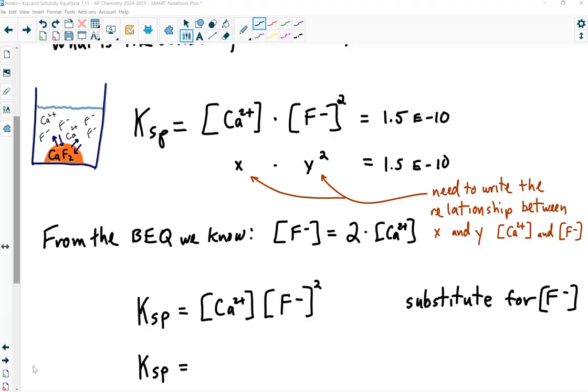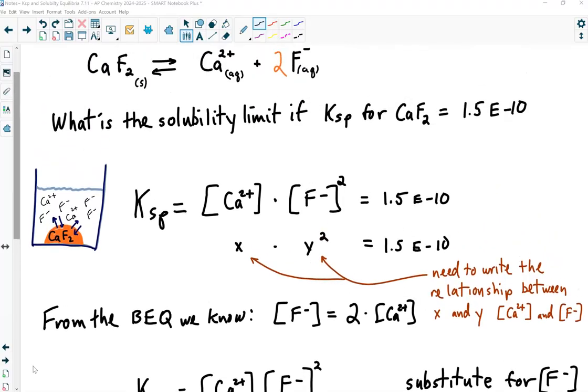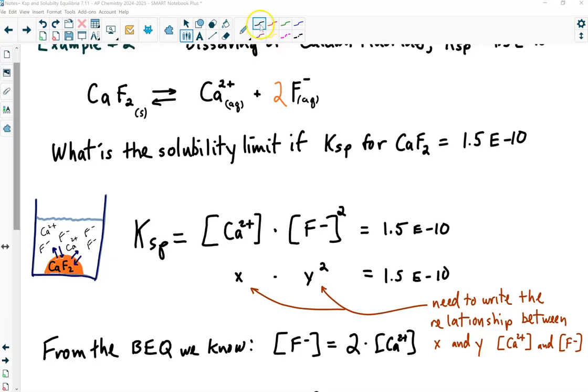I know that the fluoride has a 2 in front of it, but what you got to say to yourself is, okay, how can I come up with an equivalence between x and y? Well, if you look at the balanced equation, I always look at the balanced equation, I go, whatever this concentration is, that one's going to be 2 times that, isn't it? Because you're going to get twice as many moles in the same volume of fluoride as you are calcium ion.